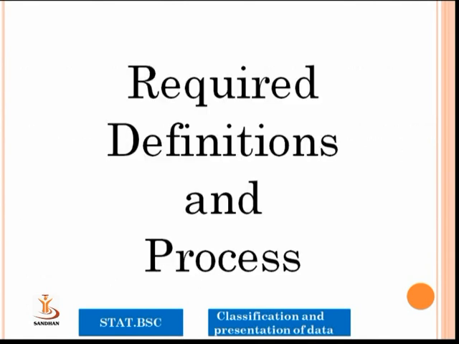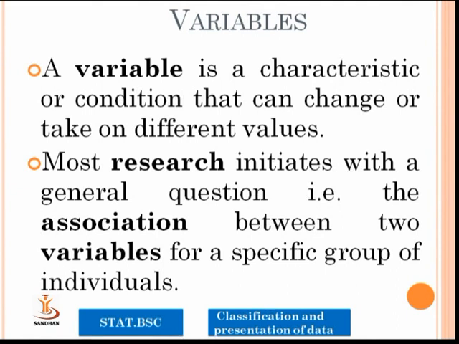Now, the other required definitions and processes. First, very important is variables. A variable is a characteristic or condition that can change or take on different values. In other words, it is something that can be measured.